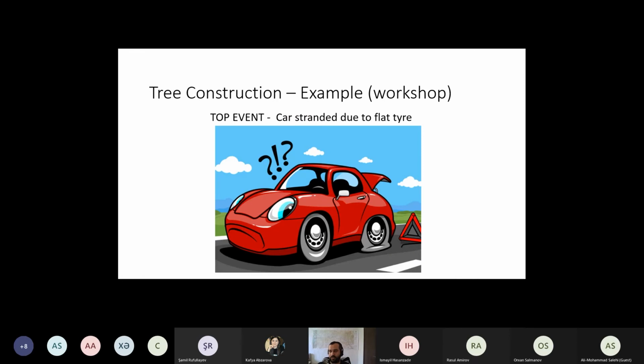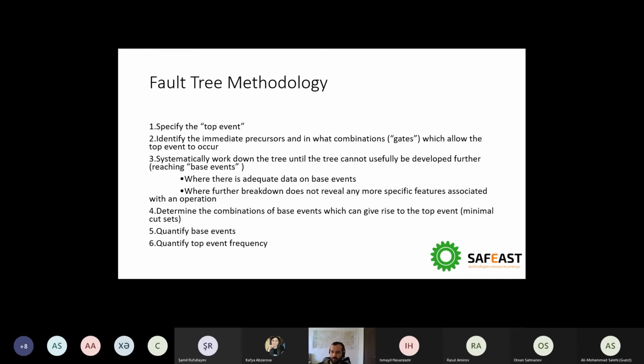So, tree construction. I will not spend too much time on this, as I would normally do this when we are in a physical classroom. So let's say, for example, my example was that there is a car, and the car is stranded due to a flat tire. How would you develop this fault tree, bearing in mind the six steps we identified?